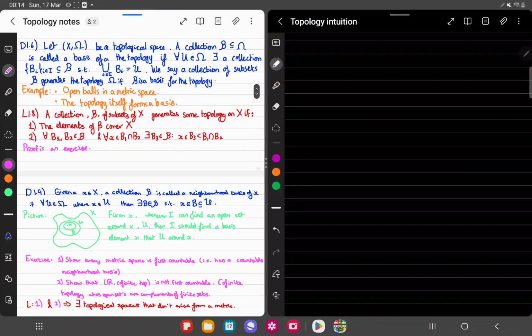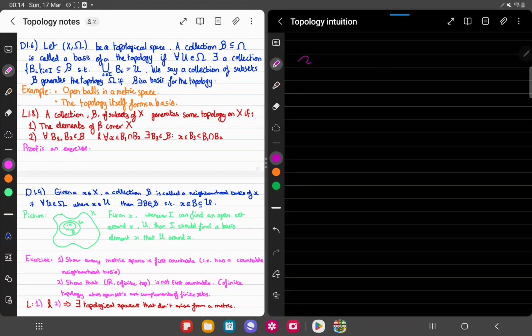So, Lemma 1.8: a collection of subsets of X generates some topology on X if the elements of that set cover X, and if for all points, then you can do this. These are just some necessary conditions. Let's see, can I prove this?